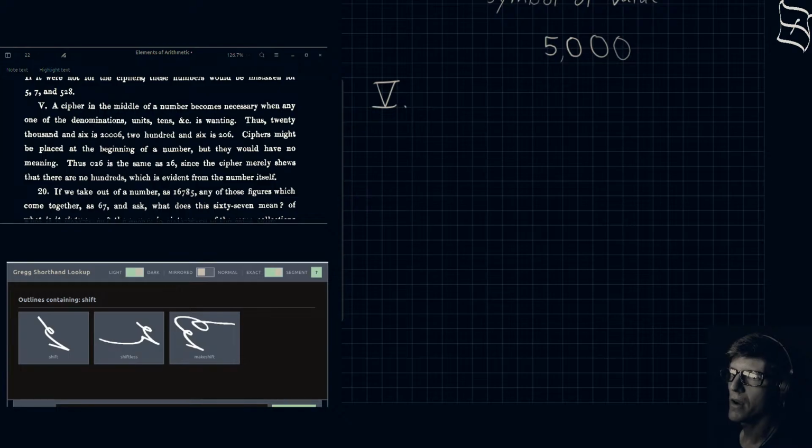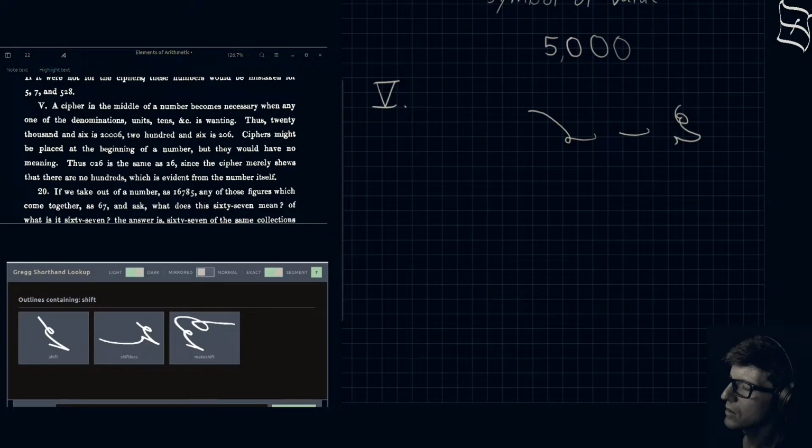The takeaway from that point: a cipher in the middle of a number becomes necessary when any of the denominations is wanting. So what we're going to say is, ciphers are written anytime a position bears no value.